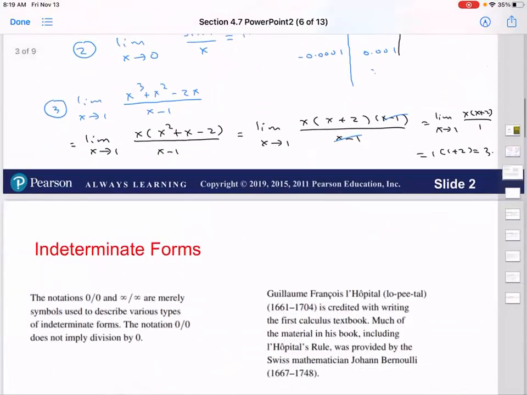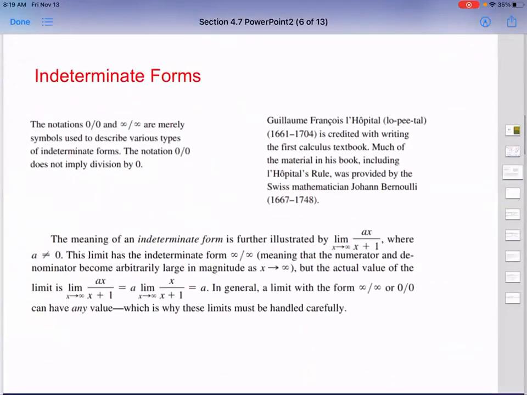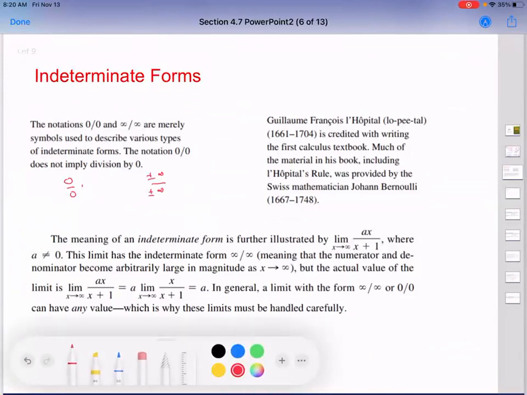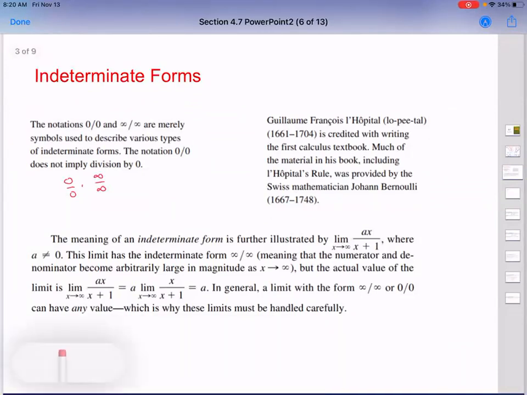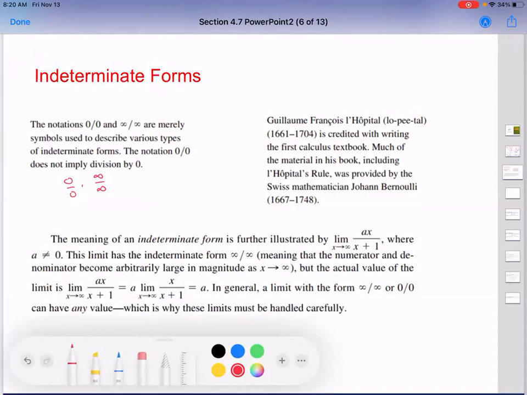So first, before we talk about L'Hopital's rule, any form like this, 0 over 0 or infinity over infinity, they are called indeterminate form.